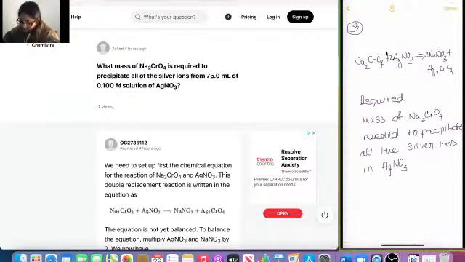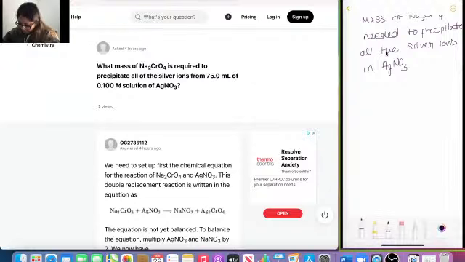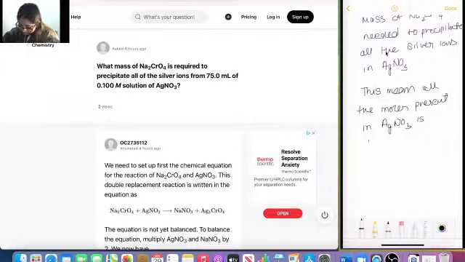And so we can say that this means all the moles present in AgNO3 will be consumed.